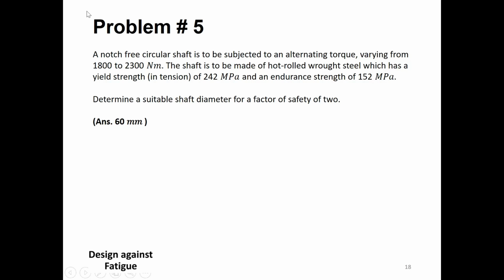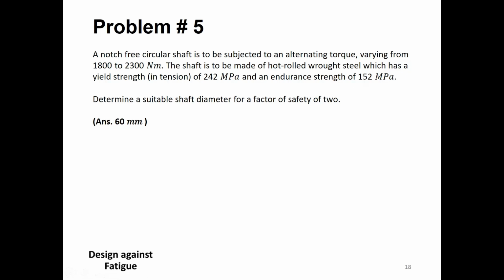So the minimum value for the torque is given as 1800 and the maximum value of the torque is given as 2300 Newton meter.